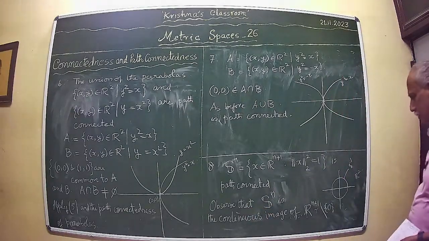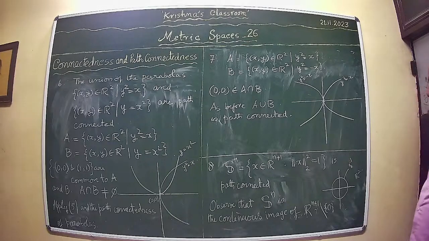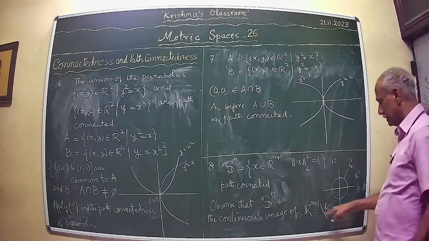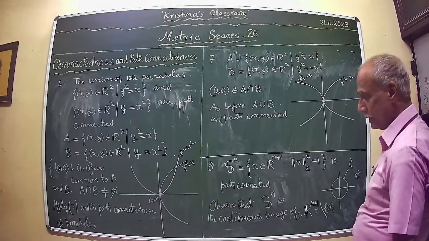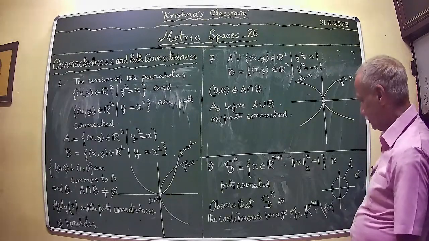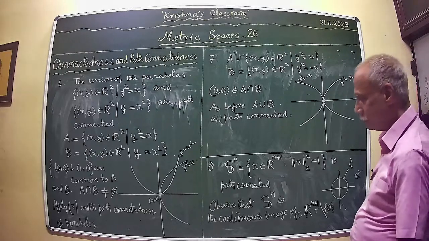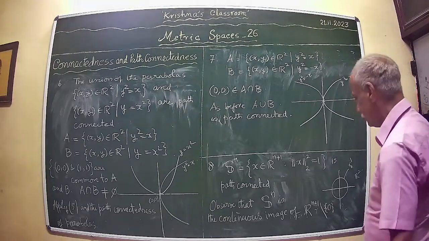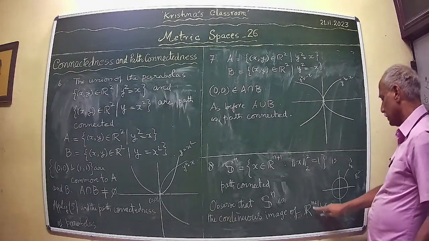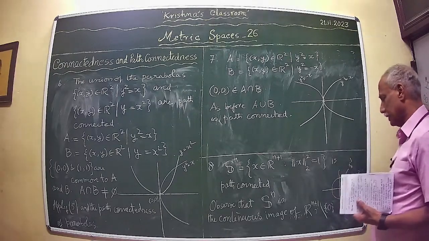Okay, for every n, it is path connected. In fact, we proved R n minus 0 is path connected for n greater than or equal to 2. But now, for all positive integers n, R n plus 1 minus 0 is path connected.